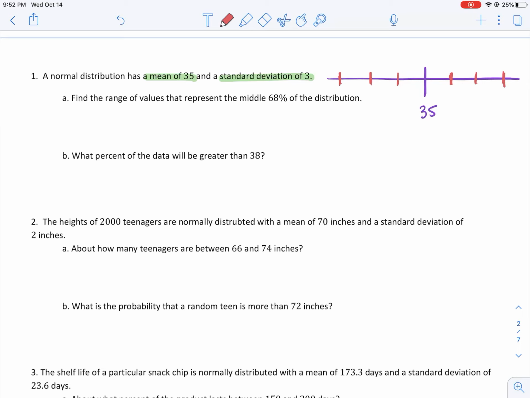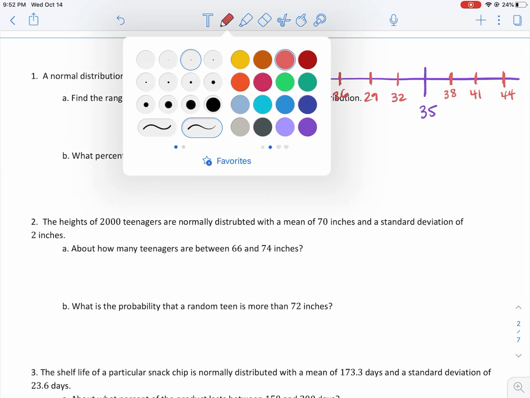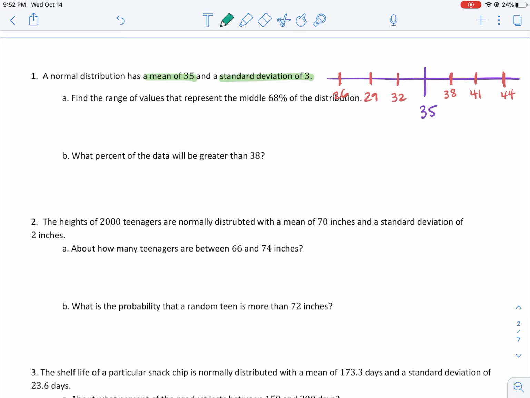These represent the standard deviations away. To go to the left, I'm going to subtract the standard deviation every time. So this would be 32, 29, and 26. And when I go to the right, I'm going to add 3 every time. So 38, 41, and 44.